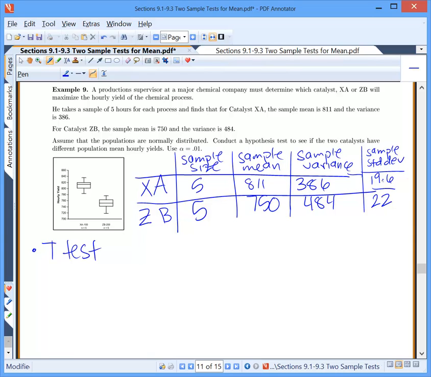So 19.6 and 22 seem pretty close. And the box plots look like they have fairly equal spread, especially when you consider that your means are 811 and 750. So you're dealing with yields in the hundreds range, so having a standard deviation difference of 3 is probably not going to make a difference. So I feel safe using equal variances.